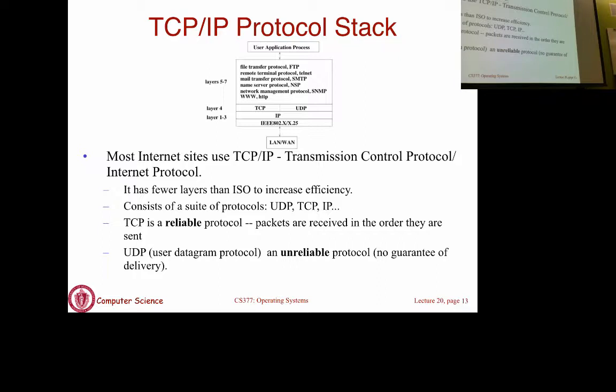TCP has a sort of sister protocol called UDP, which is sometimes used, but very often it is not used unless you need a special scenario. And then everything else sits above that. So you see things like HTTP, FTP, SMTP. These are all protocols used by whether you have a mail application, web application, or file transfer application.